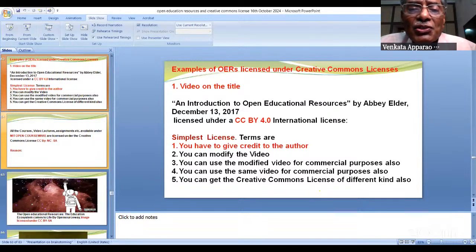It is licensed under the CC BY 4.0 International license. 4.0 is the version only, but actually it is CC BY.